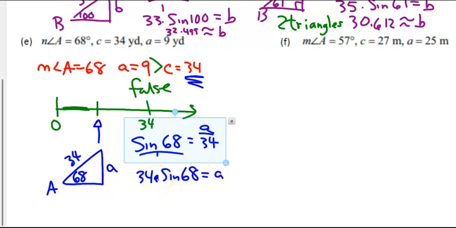So 34 sine of 68 degrees, and A is approximately equal to 31.524. And 9 is definitely to the left of that, so there are no triangles.